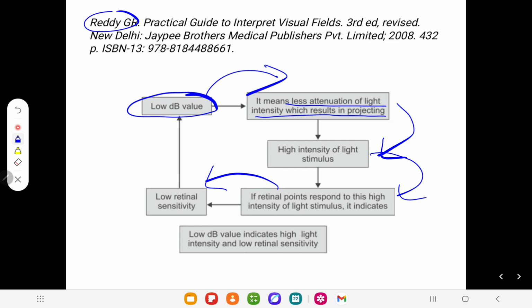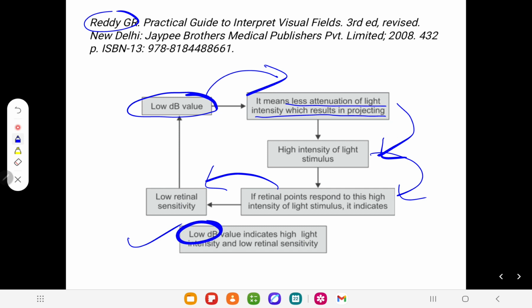You have to stimulate the retina by the highest intensity. Then what do you mean by that? Retinal sensitivity is low, isn't it? Threshold and sensitivity are opposite things. So a low decibel value indicates high light intensity, and at the same time low retinal sensitivity.